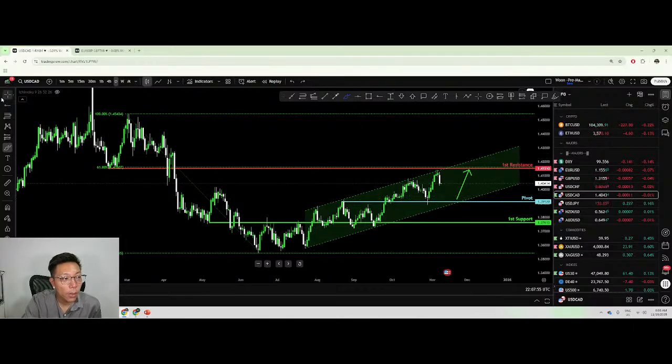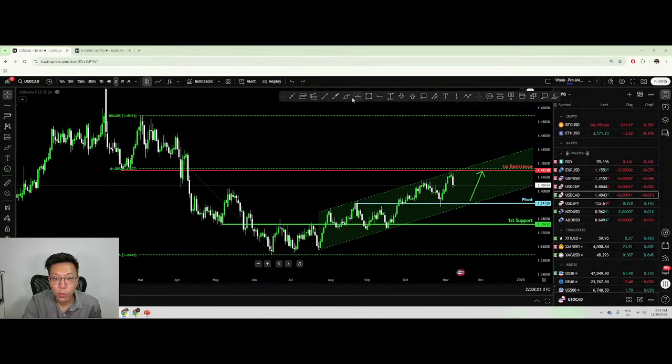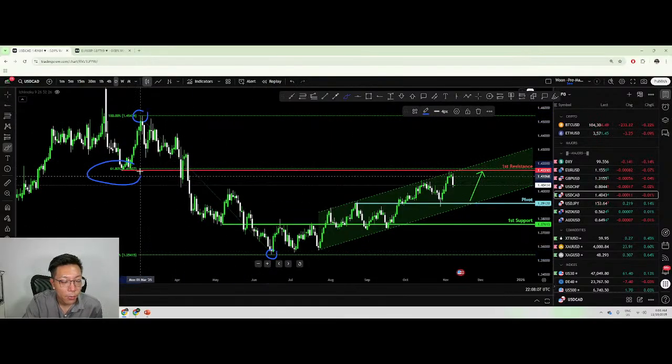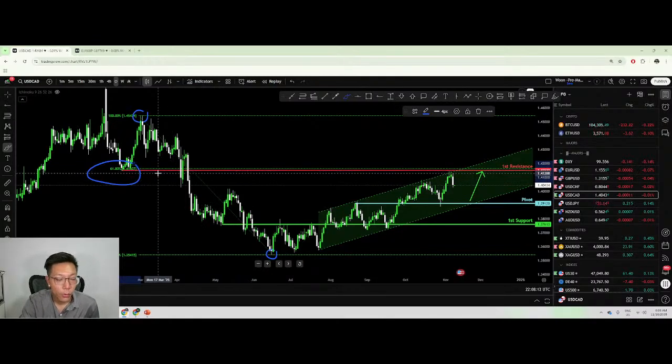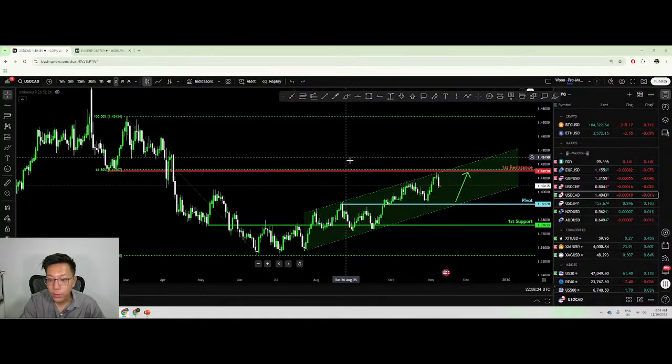Then for our first resistance, taking reference from drawing a Fibo retracement level from this high all the way to this low, we can see that there is a 61.8% Fibo retracement level over here. So I think it is pretty straightforward for us to look at buys.